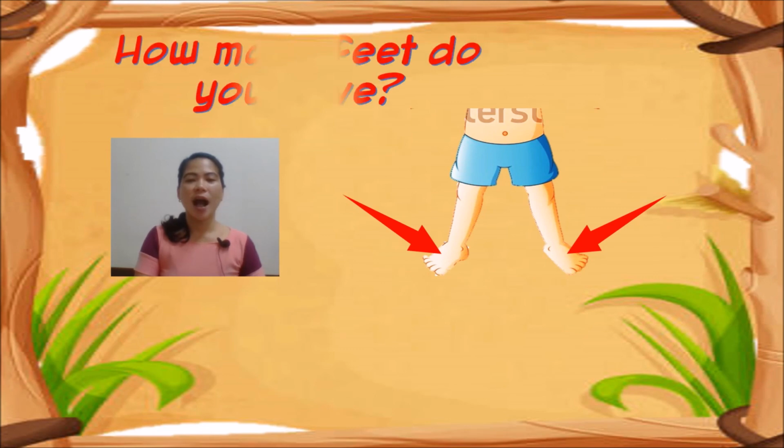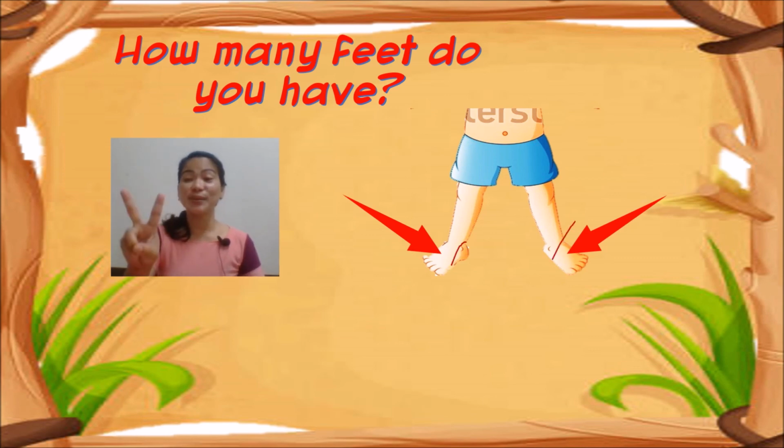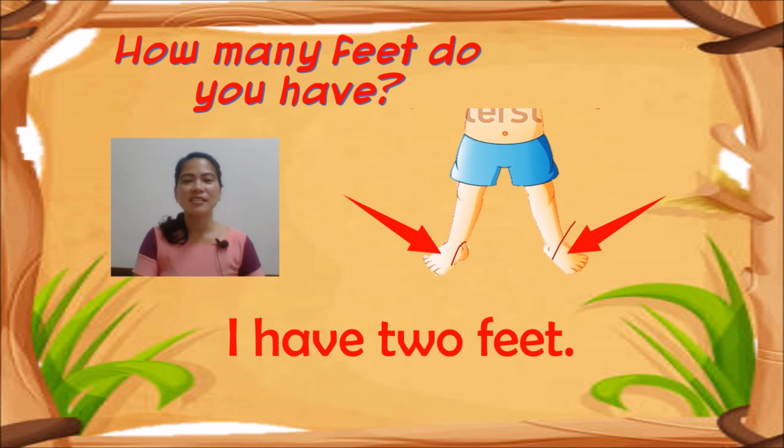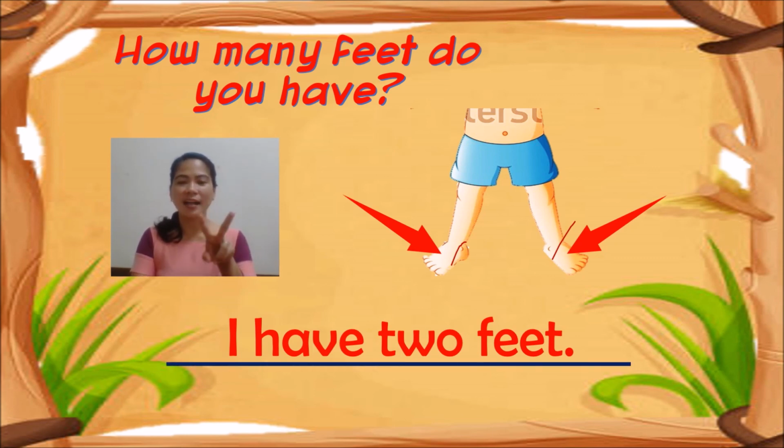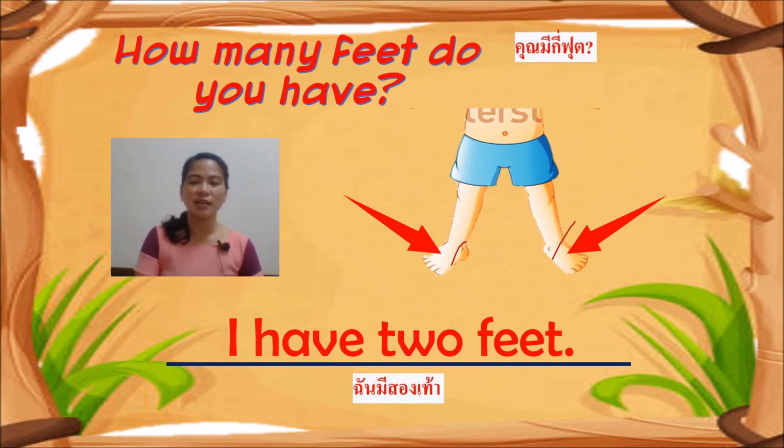Next. How many feet do you have? Let's count it together. We have 1, and then we have 2. 2 feet. So let's say the sentence together. I have 2 feet. One more time. I have 2 feet. And the translation also is here.